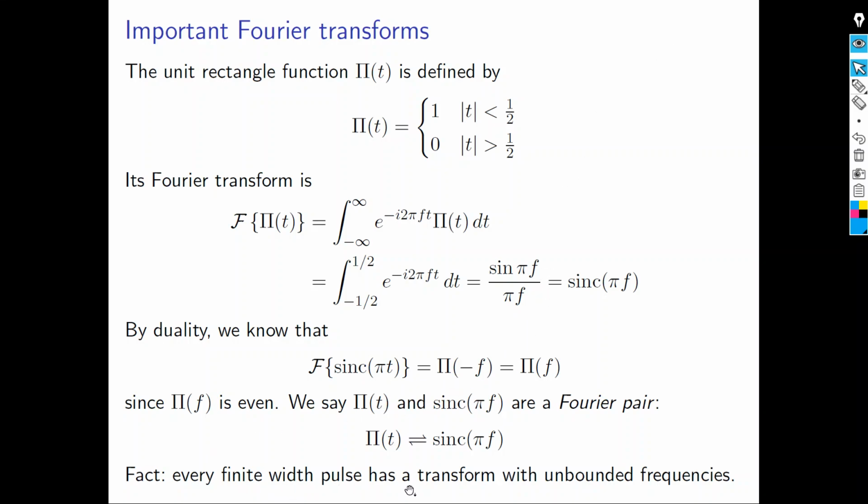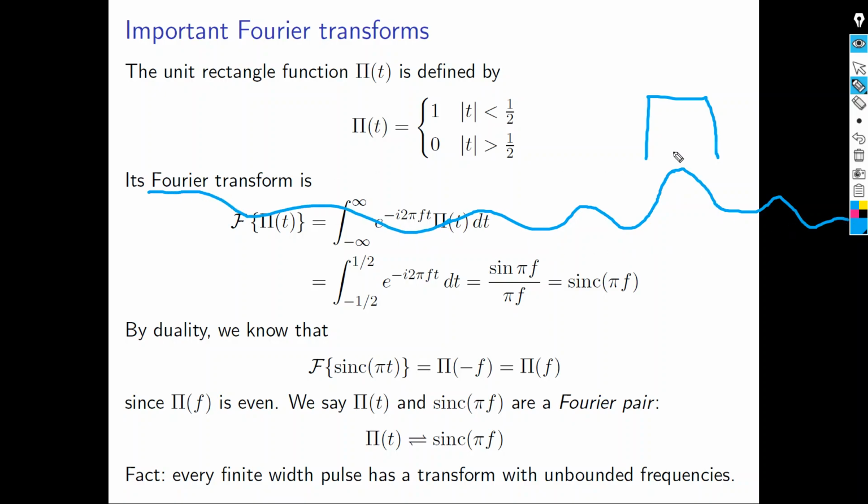Every finite width pulse has a transform with unbounded frequencies. What does this mean? If you have a finite width pulse, the transform has unbounded frequency, meaning it goes from minus infinity to infinity. Why? Because this edge is impractical to design in practice.